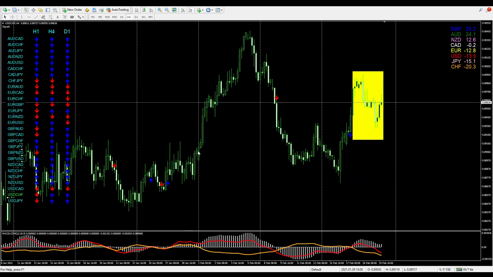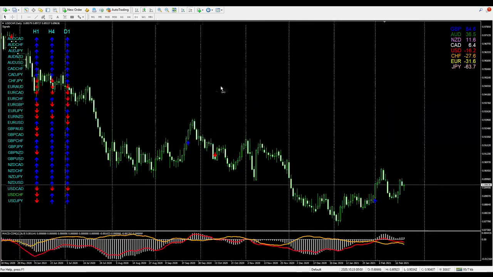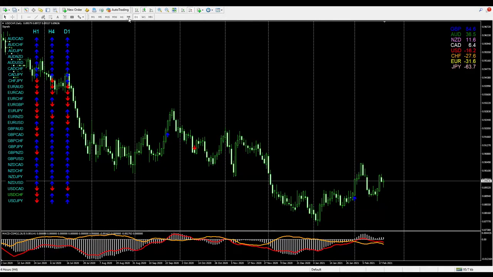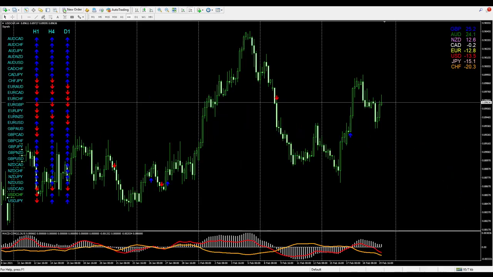On USD CHF, let me remove this one. The USD CHF is a buy signal since the start of February. On H4, it was a buy around only here, around this rectangle, around this point of H4.